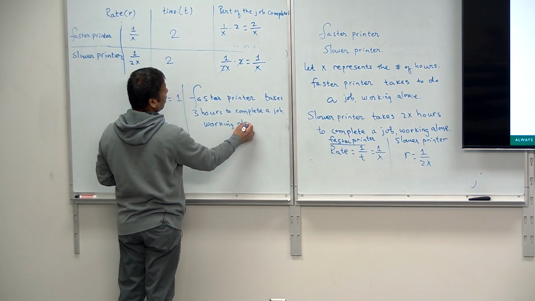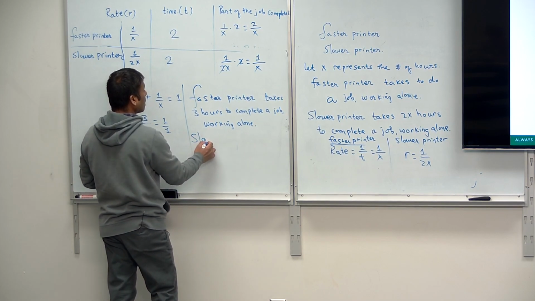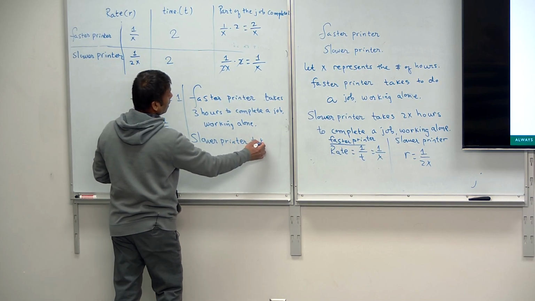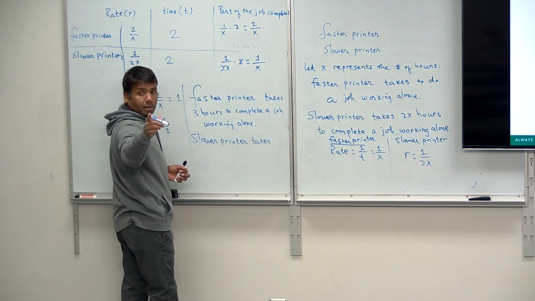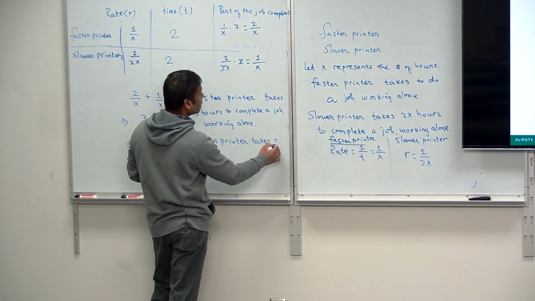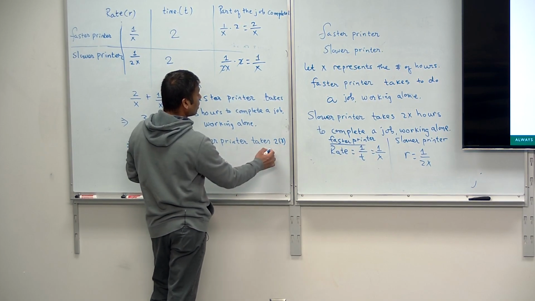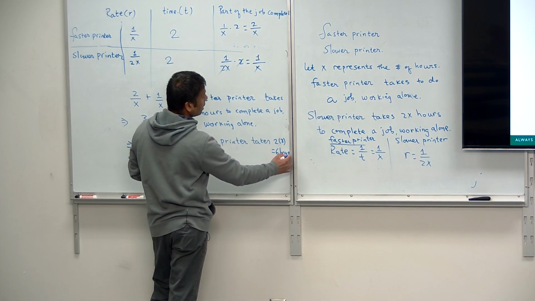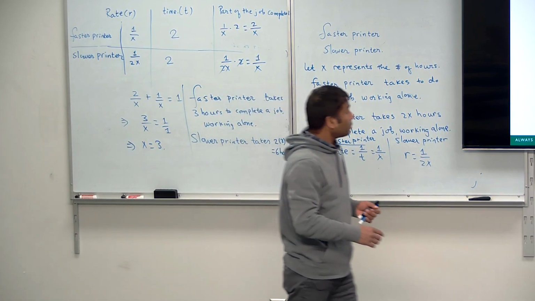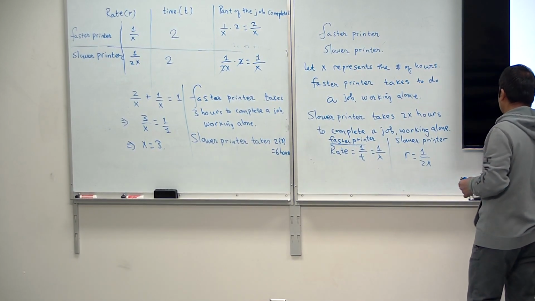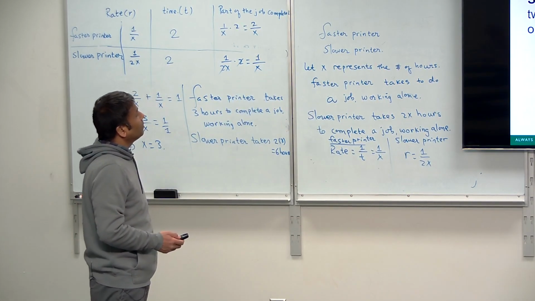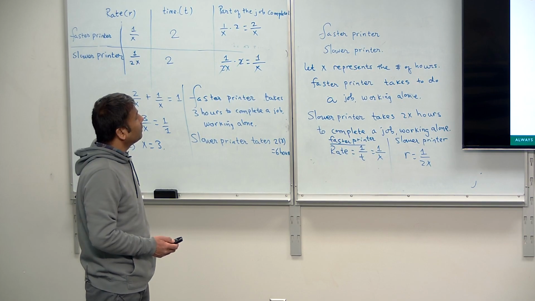And the slower printer takes 2x hours, which means 2 times 3, which is 6 hours, to complete a job working alone. I think you got it, right?